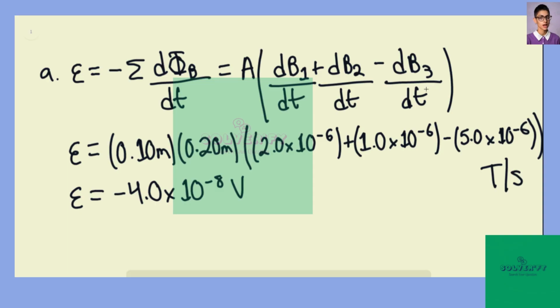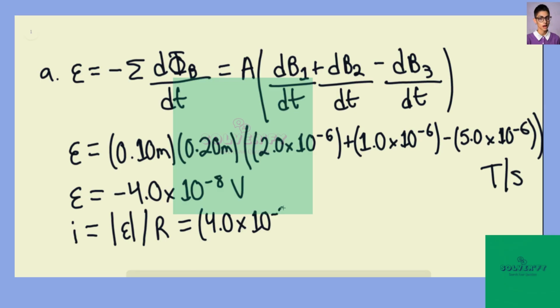So we can then say that the current, I, would be equal to the absolute value of the EMF divided by the resistance, and this is equal to 4.0 times 10 to the negative 8th volts divided by the resistance R, which gives 8.0 microamperes.